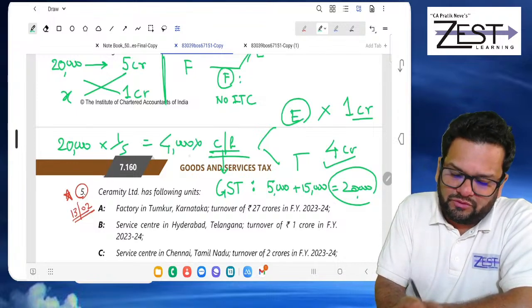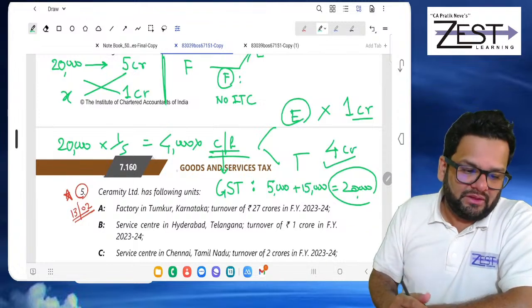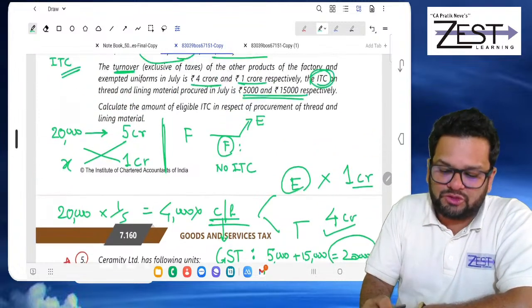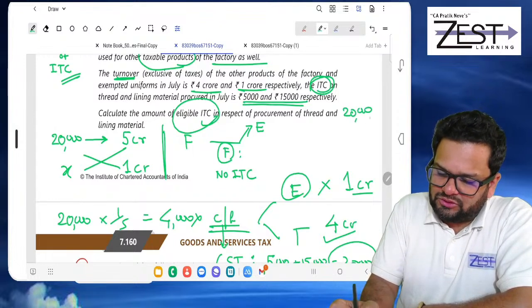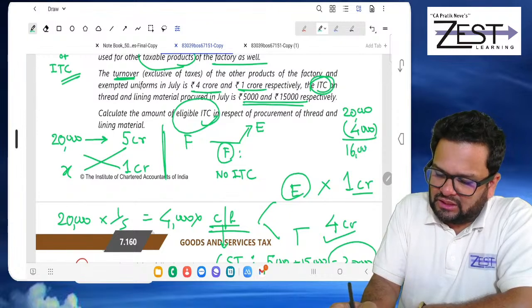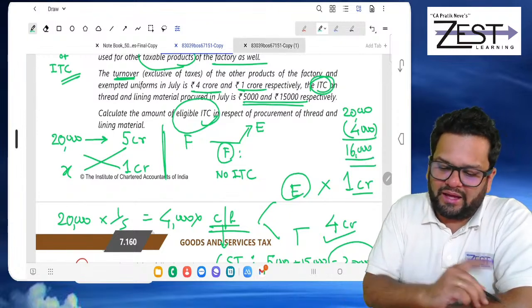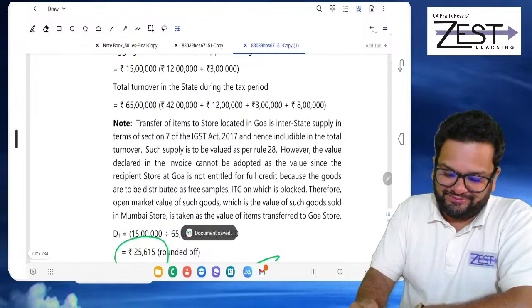So 4,000 will not be eligible. In short, eligible ITC will be 20,000 minus 4,000, that is 16,000. Do you all agree with me on this?